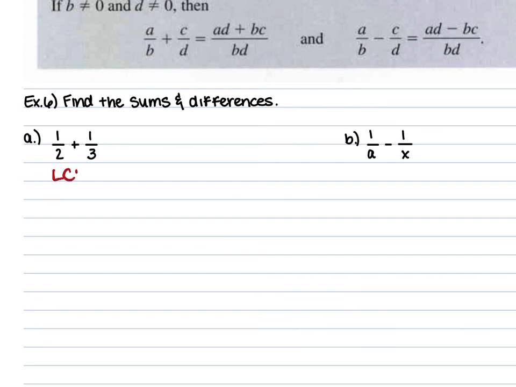Your least common denominator here is the 6. From there, you multiplied the 2 by 3 to get 6, so you'll do the same to the 1. The 3 you multiplied by 2 to get 6, you'll do the same to the 1. So it's going to give us 3 plus 2 all over 6. The 3 plus 2 is 5, so 5 over 6 is our answer.